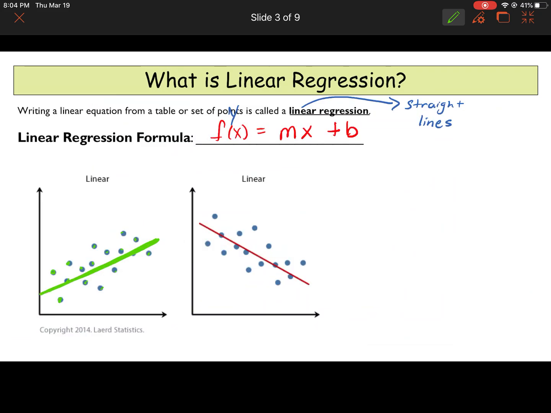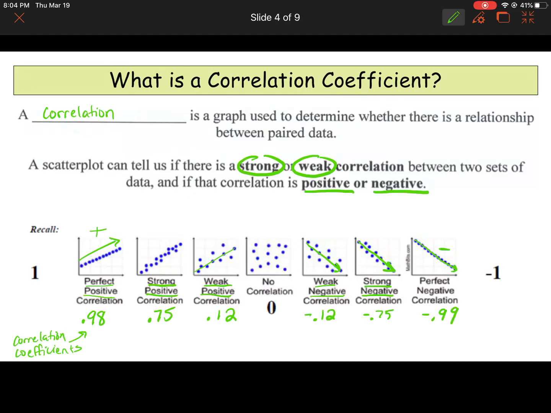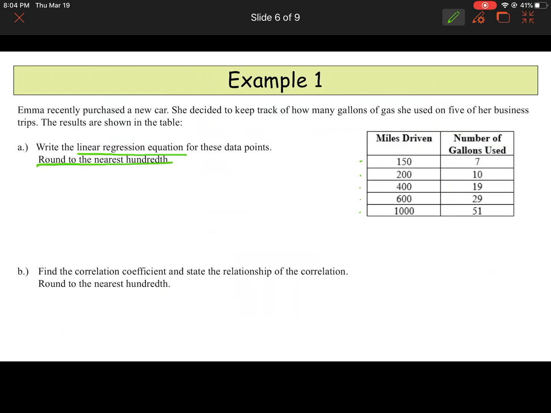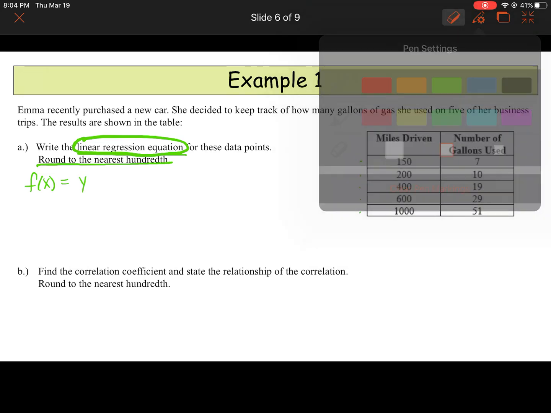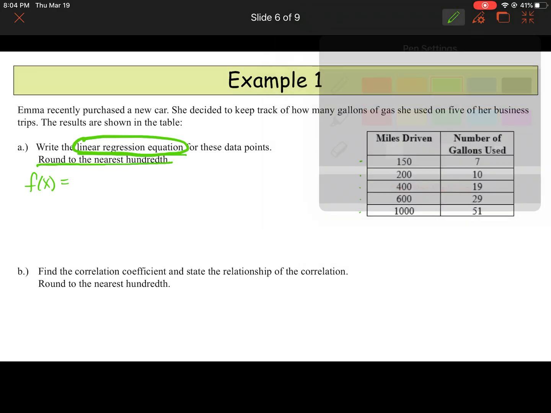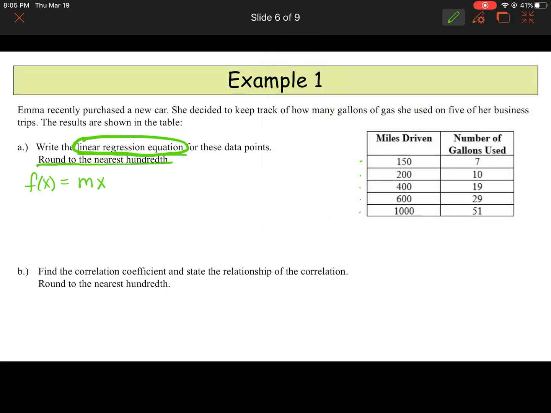So remember, when we talk about the linear regression equation or the formula, we're talking about f of x equals mx plus b. Okay, the equation for a straight line. So the first thing I'm going to do when I see linear regression equation is write that down. Okay, f of x equals mx plus b.